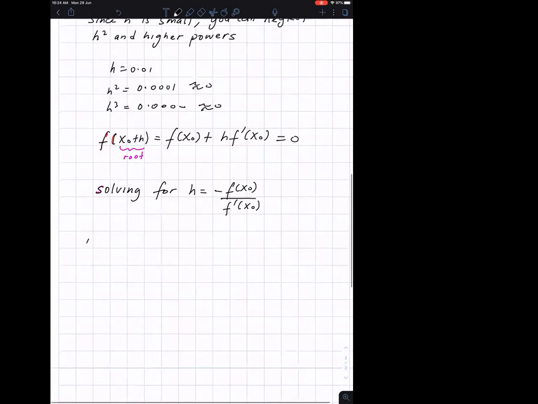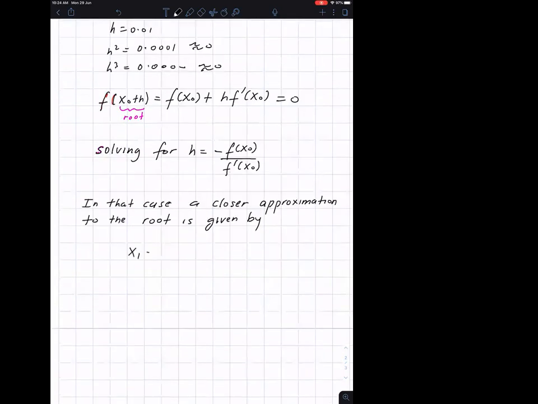In that case, a closer approximation to the root is given by x1, which was x0 plus h, right?